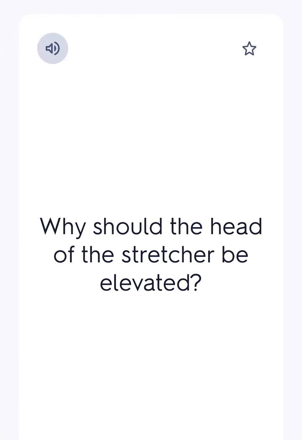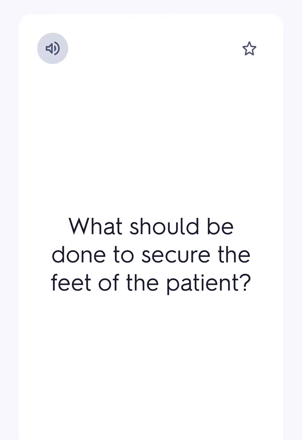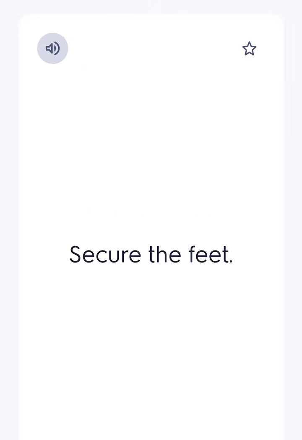Why should the head of the stretcher be elevated? To protect the airway, and to allow the paramedic greater visibility. What should be done to secure the feet of the patient? Secure the feet.